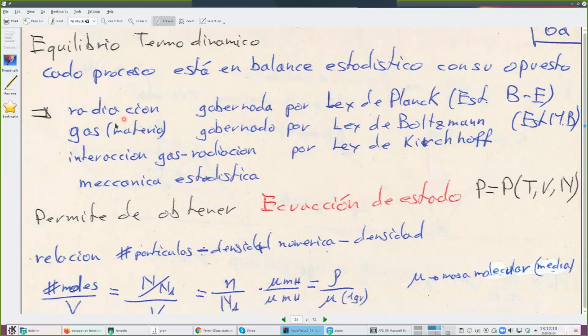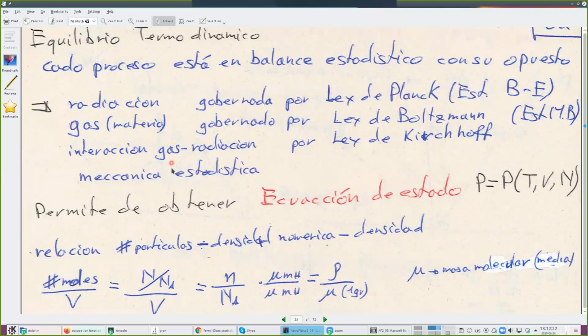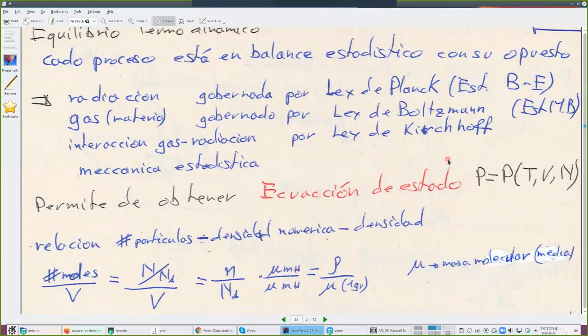The gas, the matter, is ruled by the Boltzmann law, the Maxwell-Boltzmann statistic. And then the interaction between gas and radiation is ruled by the Kirchhoff law, which says how radiation is absorbed or emitted in this equilibrium.